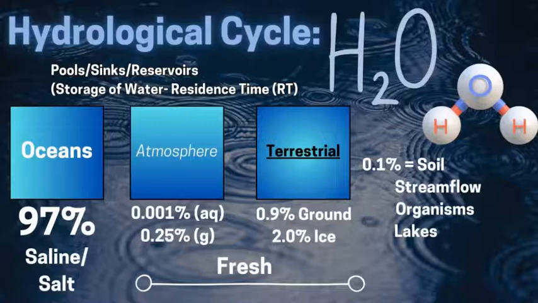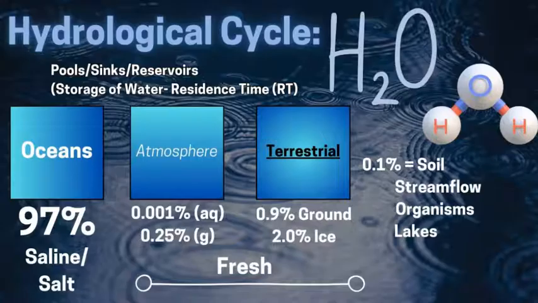And this is a small part, so about 0.9% is groundwater, and about 2.1% is held in the ice caps, the glaciers around Antarctica, around Greenland, around the northern hemisphere, in areas like Canada and Russia, Siberia, Alaska, and also the sea ice that forms over the winter in the northern hemisphere over the Arctic Sea. A small amount is held in soil in terms of rivers and stream flow, organisms, and any kind of lakes or ponds.